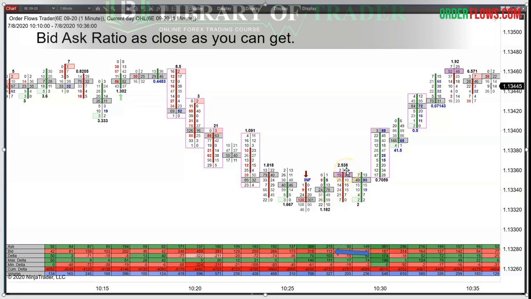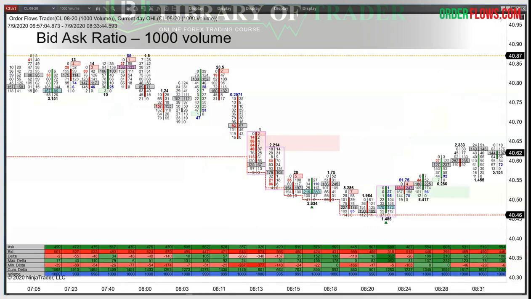This next bar only 1 tick up. This next bar nothing. Eventually it did go up. This is a trade I probably would have passed on. Here, 137 versus 459, a short. The next bar made that move. That's your trade.